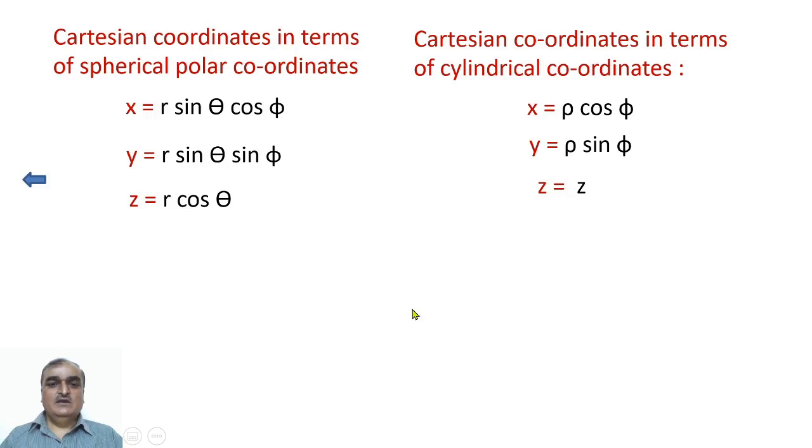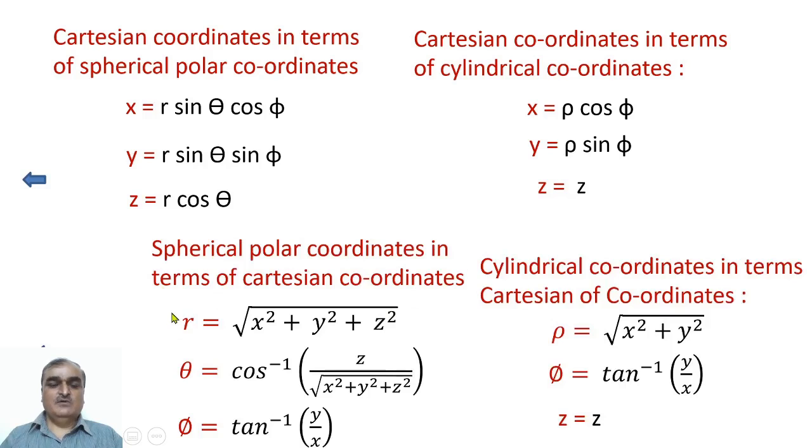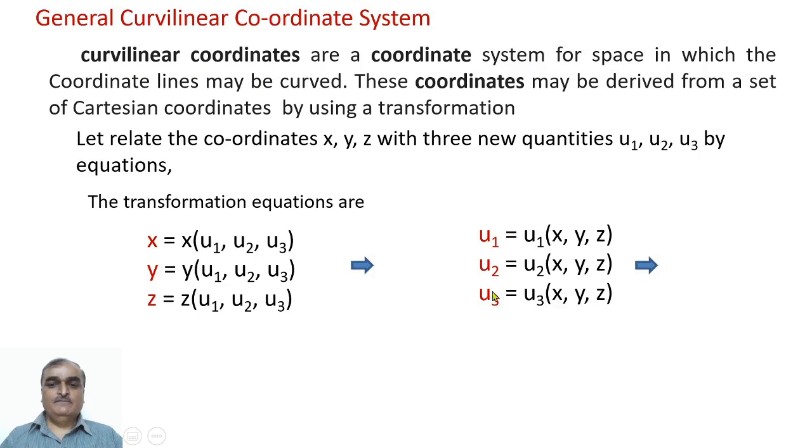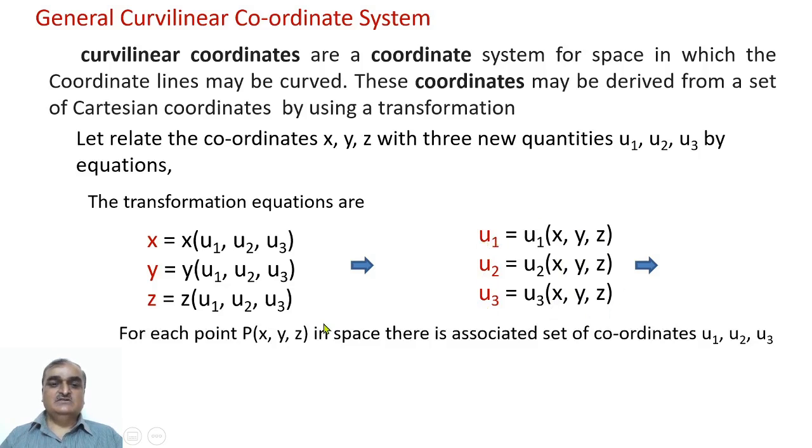In the same way, as we obtained in the previous lecture, r theta phi, spherical polar coordinates, in terms of Cartesian coordinates xyz, and rho phi z, cylindrical coordinates, in terms of Cartesian coordinates xyz, that is rho phi z function of xyz, r theta phi function of xyz. In the same way, these new general coordinates u1, u2, u3 in terms of xyz.